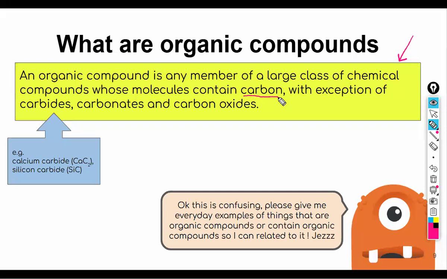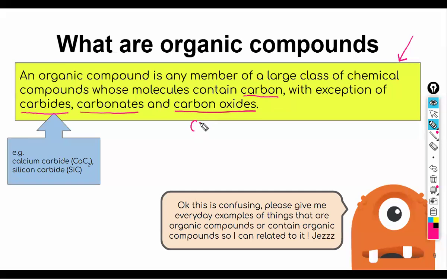Now, usually once something contains carbon, it's classified as organic, but there are some exceptions, and those would be carbides, carbonates, and carbon oxides. Those are the only things that have carbon, but they are not organic compounds.